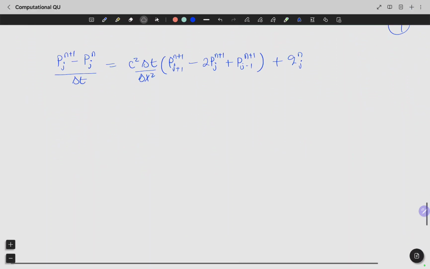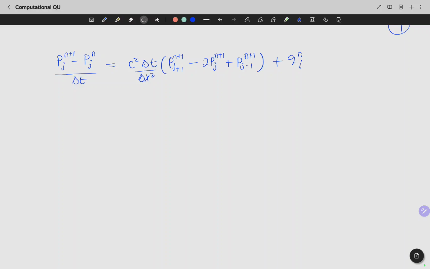Right, now that we have this, we would like to set P at n plus 1 here, and we want the order of n to be on one side and the order of n plus 1 on the other side. So what do we have here? This goes there and this goes there, so we have P_j^(n+1) minus, so let alpha equal c squared delta t by delta x squared, so that this would be alpha.